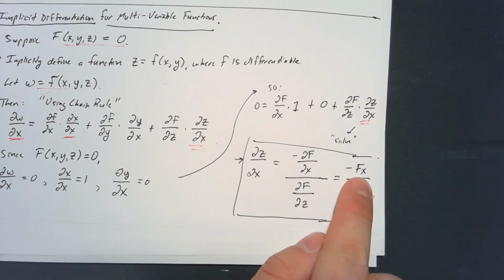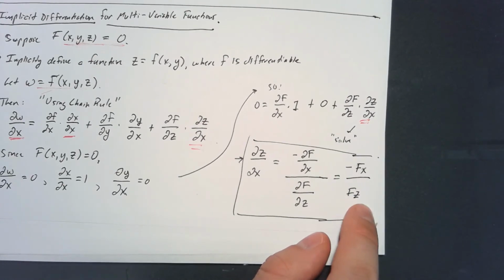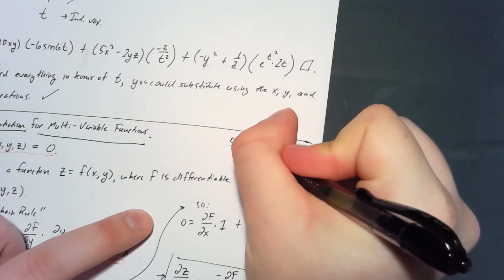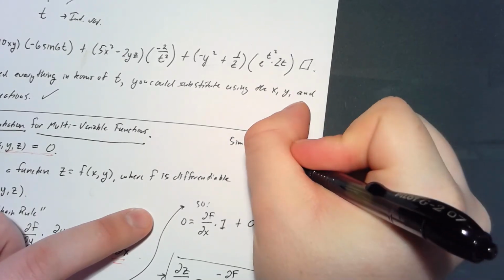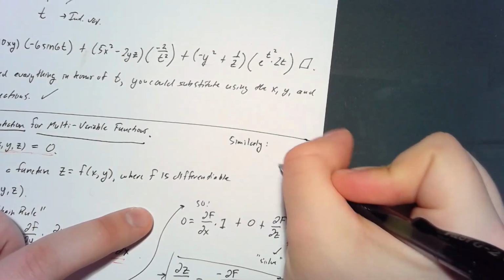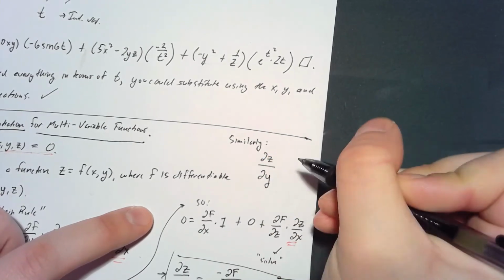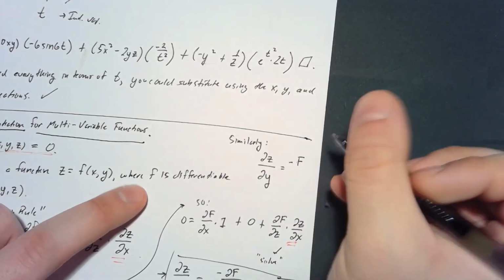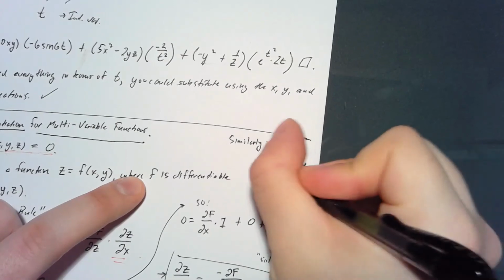It's just negative the partial of the function with respect to x divided by the partial of the function with respect to z. So similarly, I'll add this up here, you could say the partial of z with respect to y equals negative f sub y all over f sub z.